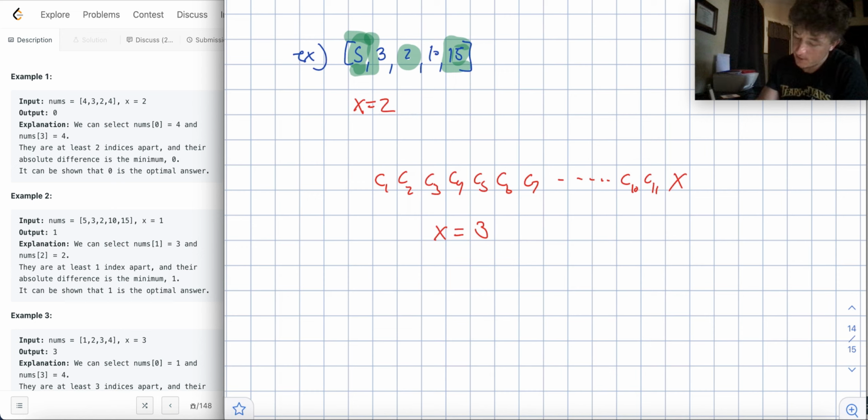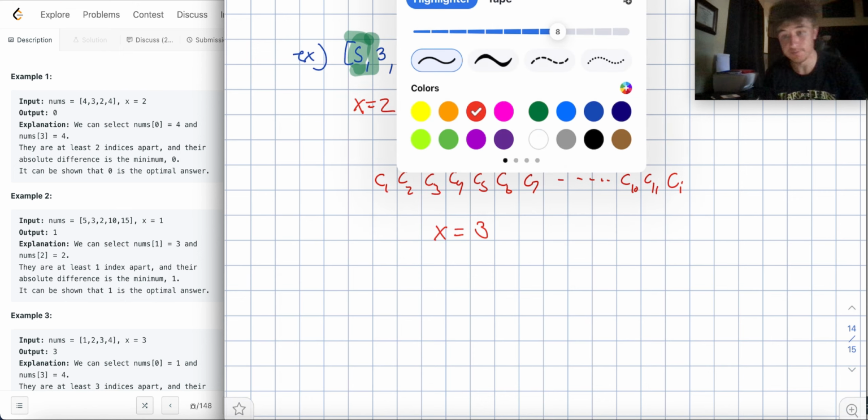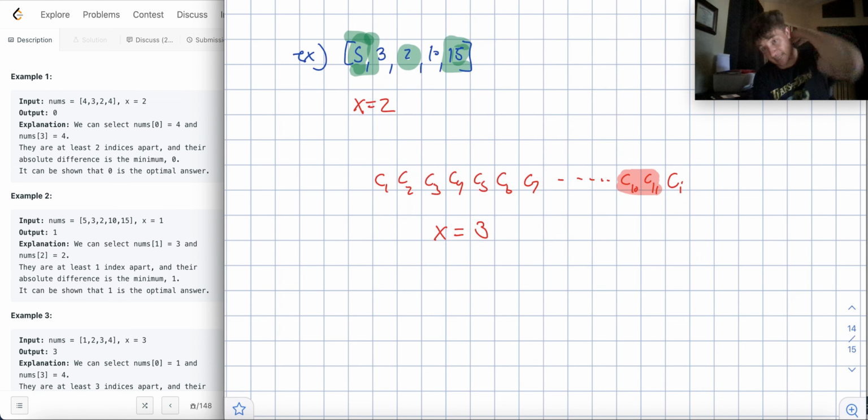Let's call this Ci, for C important. If Ci equals 3, we can't compare Ci to these elements, right? Because it has to be 3 away.